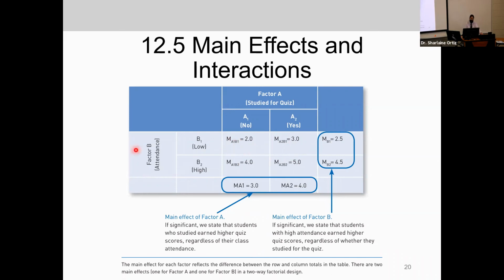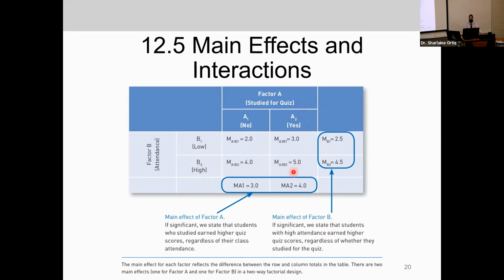So in the first group, for factor A, the person did not study and also had really low attendance. In this specific block or group, the person did study, but had low attendance. In our third group, the individual did not study for their exam, but did come to every class. And lastly, in our fourth section, the student did indeed study, and not only that, had a really high attendance.